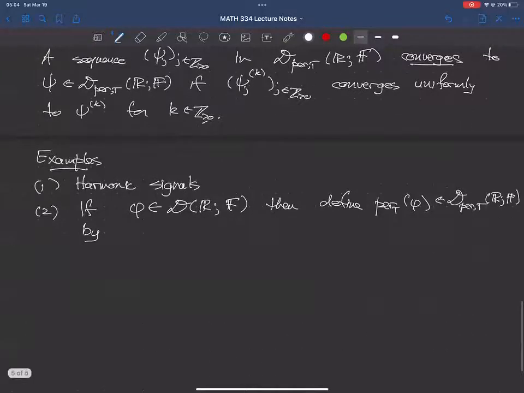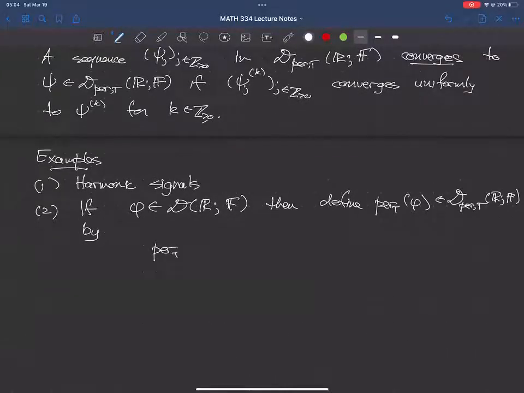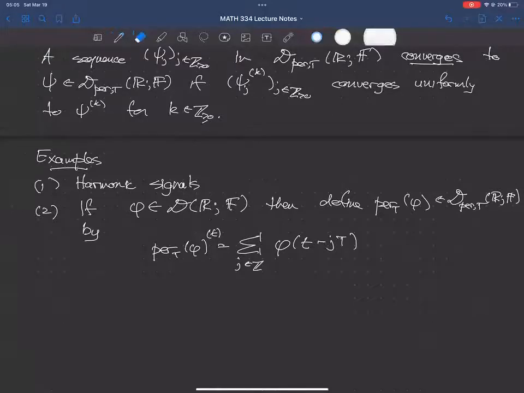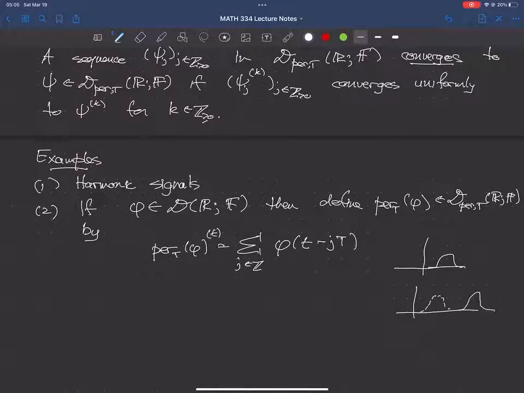The way you do this is you take the signal phi, evaluated at t, and then you translate it by integer multiples of the period. So if your phi looks like that, you just take translates of it and add them all together.